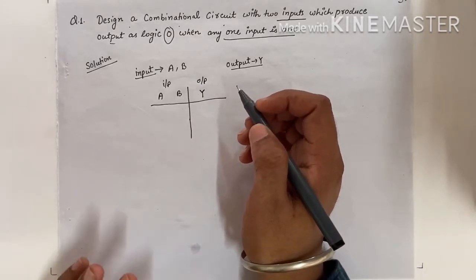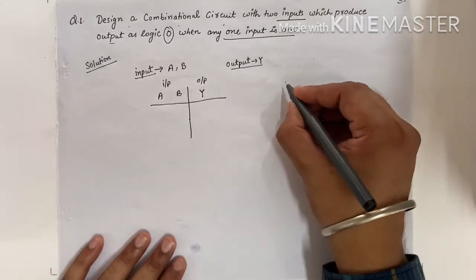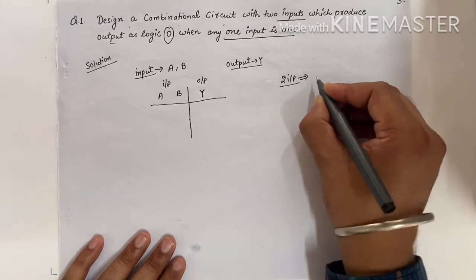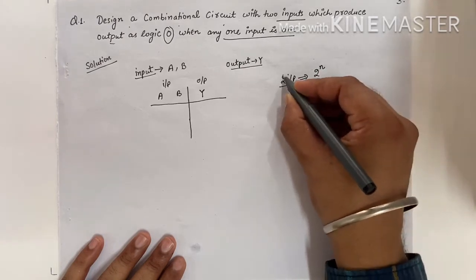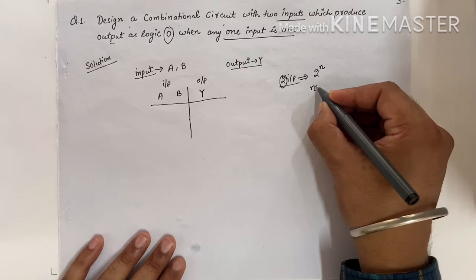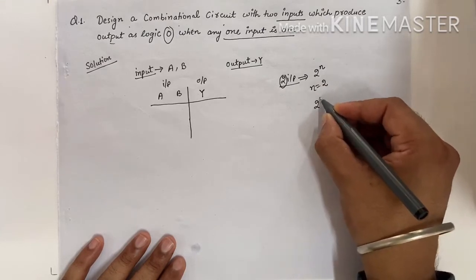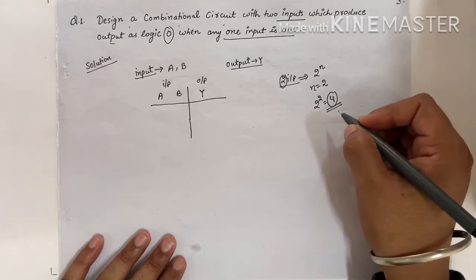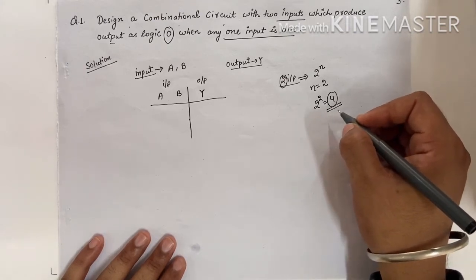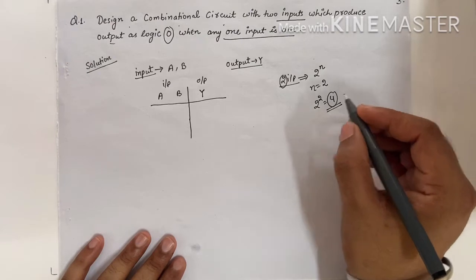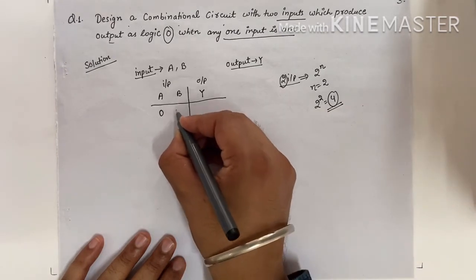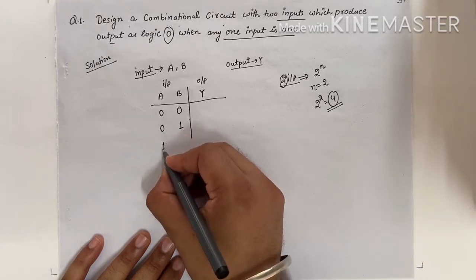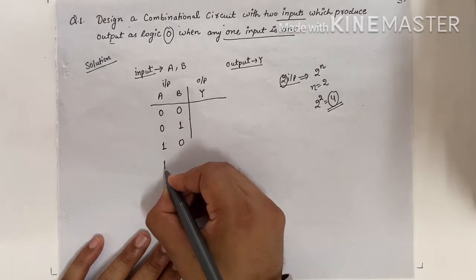There are 4 possibilities for 2 inputs because if there are n inputs, then total possibilities are 2 raised to the power n. Here inputs are 2, so n equals 2, then 2 raised to the power 2 becomes 4. Then we can say there are 4 possible combinations of inputs. Those 4 possibilities are 00, 01, 10, 11.